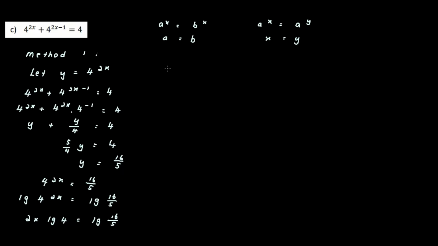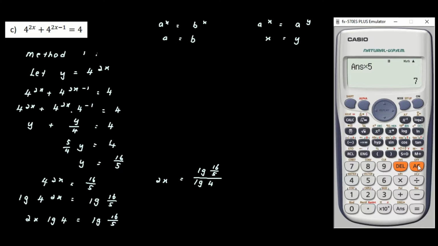Okay, so you can continue: you have 2x equals log 16 over 5 divided by log 4. Same thing in your calculator: log 16 over 5, the whole thing, then over log 4.